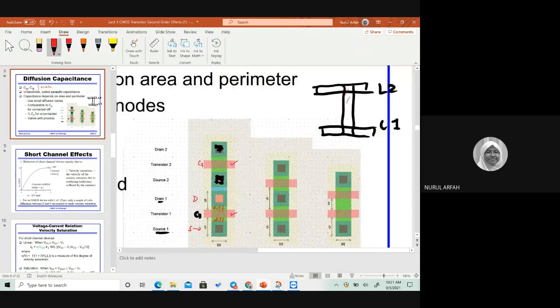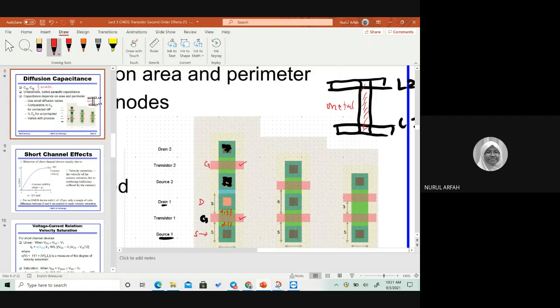So this is the metal contact, so that you will have some connection between layer 1 and layer 2, whether this is a diffusion or the gate.